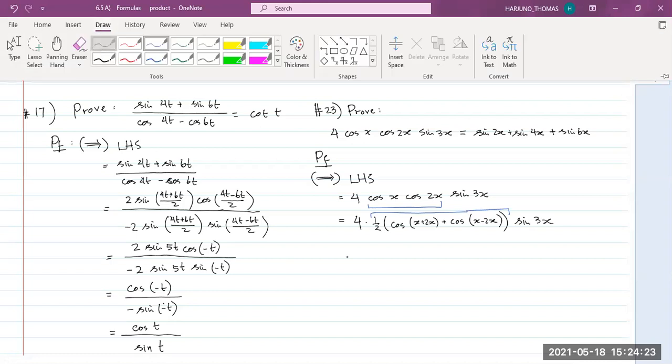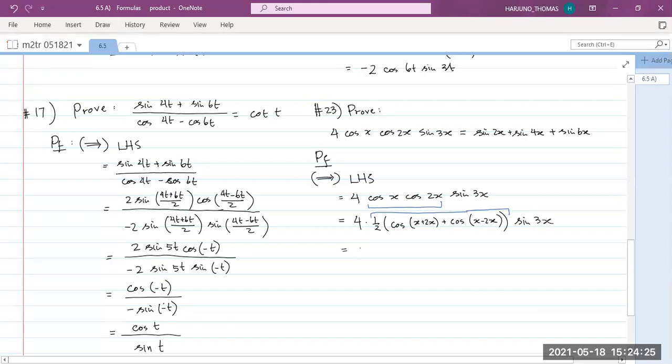Now 2 and 4 becomes 1/2 and 4 becomes 2. This is cosine 3x plus cosine negative x, times sine 3x. But cosine negative x is cosine x.